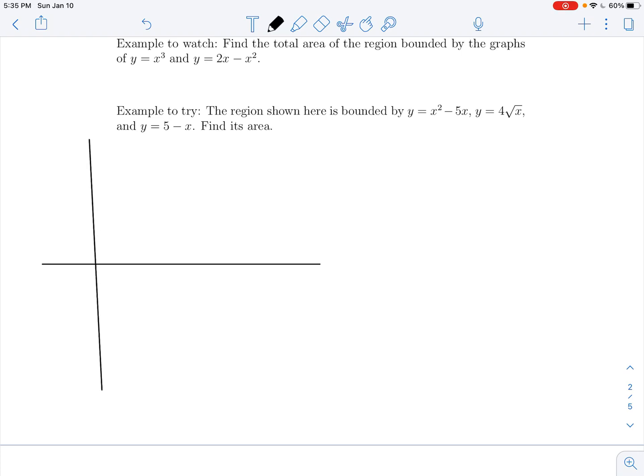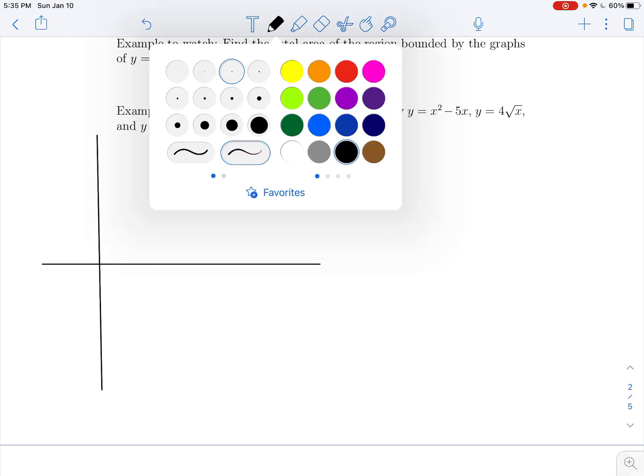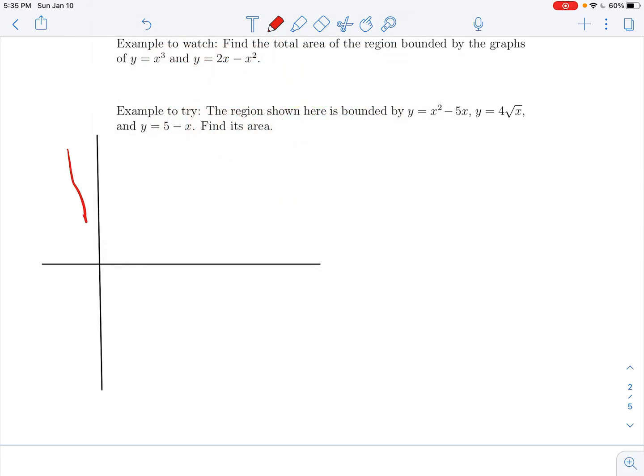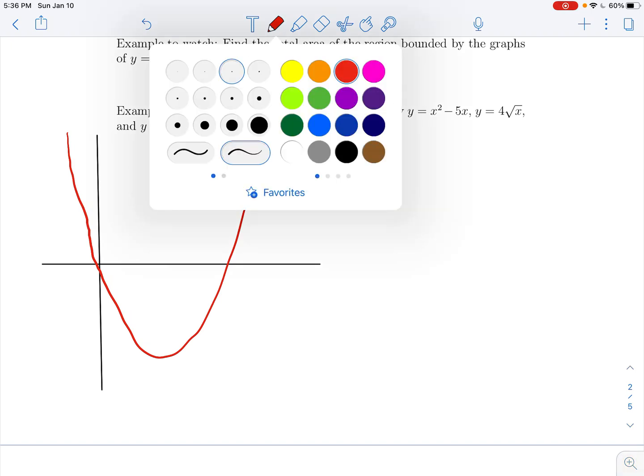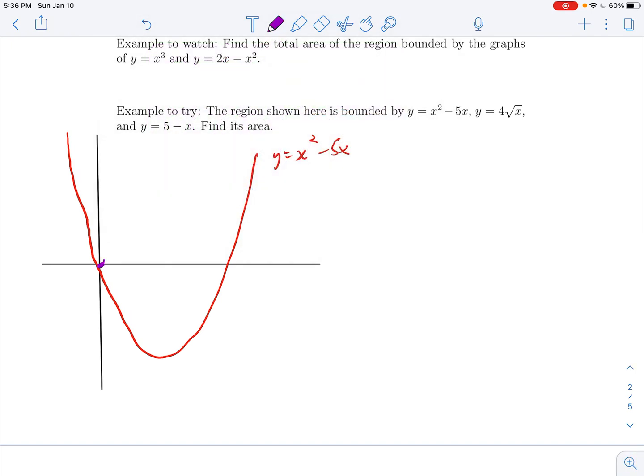So y equals x squared minus 5x would be something like so. y equals 4 root x would look something like so. I'll relabel this in a second.